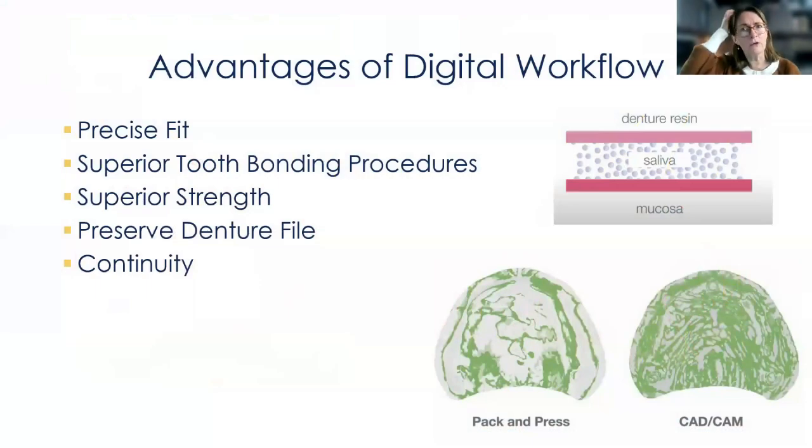That can be a little challenging at times. However, as the technology continues to evolve, it becomes easier and easier to do so. And this is an example of an accuracy test that was done with CAD/CAM dentistry versus a traditional pack and press of a denture, and the accuracy was far superior.